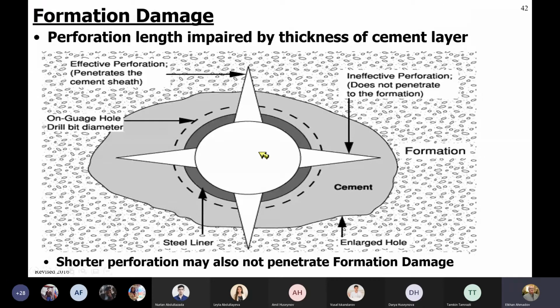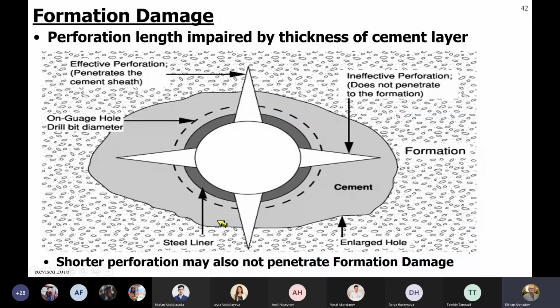But in many unconsolidated reservoirs, the hole in the reservoir gets off gauge, so we have a large area around the wellbore which should be cemented to provide isolation, to provide a cement sheath behind the casing, and to provide wellbore stability.